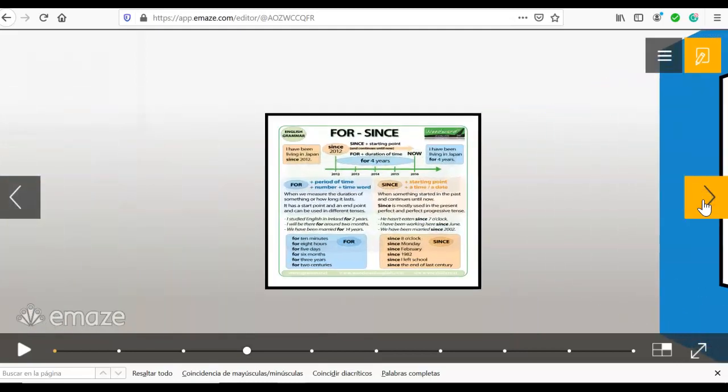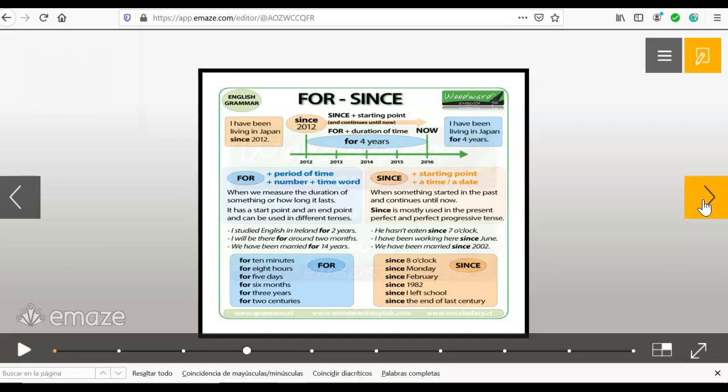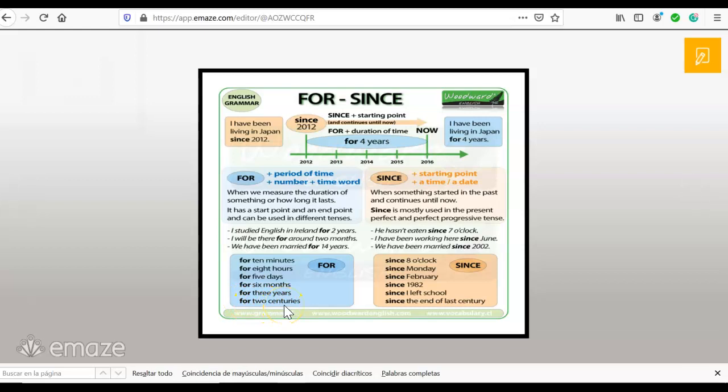In the next part, we will have more examples of how you could use for and since. We have for 10 minutes, for 8 hours, for 5 days, for 6 months, for 3 years, for 2 centuries. Periods of time, guys.